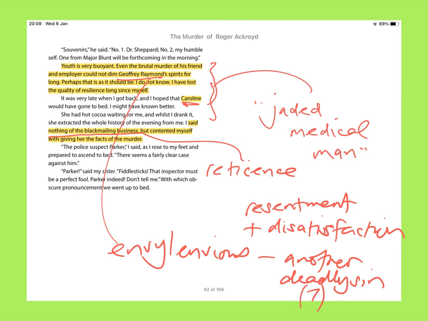So Shepherd quite smug here and in control of what he does and doesn't tell Caroline. So there's a sense of sort of a smug arrogance here, which obviously is not wise, particularly when Hercule Poirot becomes the chief investigator. Okay, chapters 4 to 6 done.